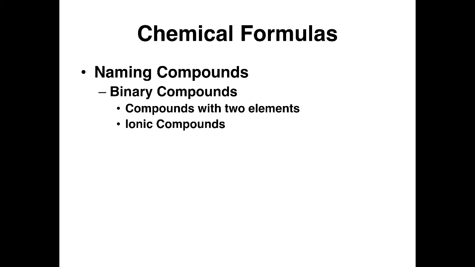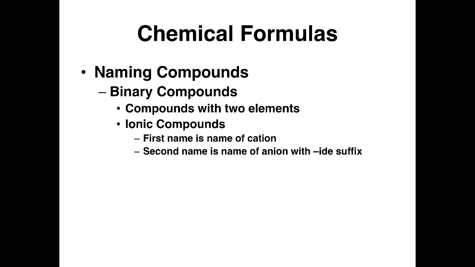They are always, or almost always, ionic compounds. The first name is the name of the cation, and the second name is the name of the anion with the IDE suffix. So, for example, the cation here is sodium. The anion is fluorine, so it's sodium fluoride.